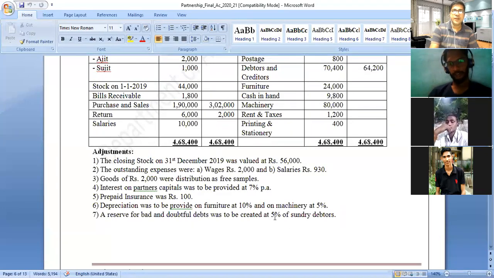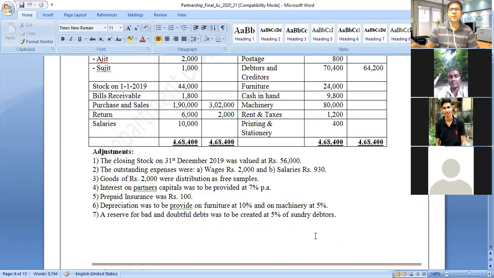On that we find the 5% value, which is 3,520. We will deduct this 3,520 from the debtors, 70,400 minus 3,520, and the rest of the value we put in the outer column.